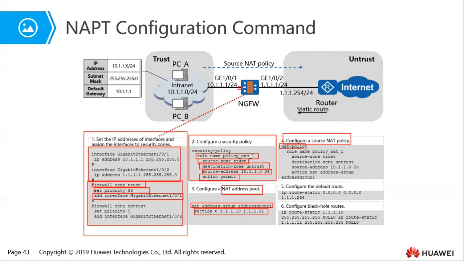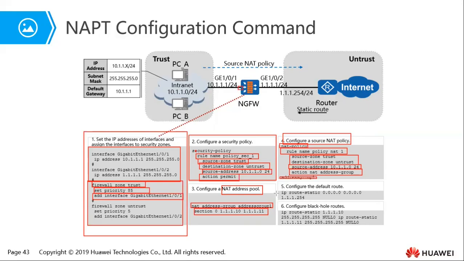So nat-policy, then rule name policy NAT1, from trust to untrust, if it has a source address from this network. The action is to implement NATing using the address group, so action source-nat address-group, the address group we just created in step 3, address group 1.